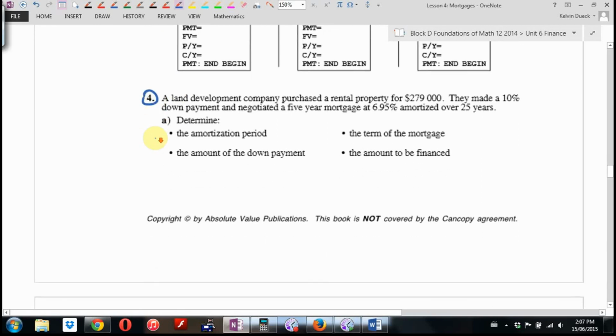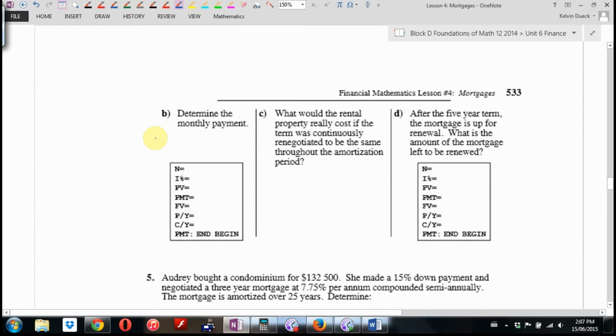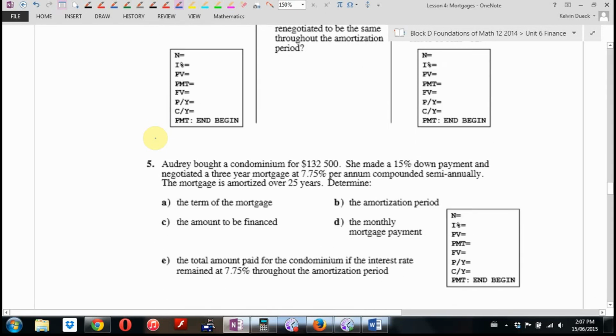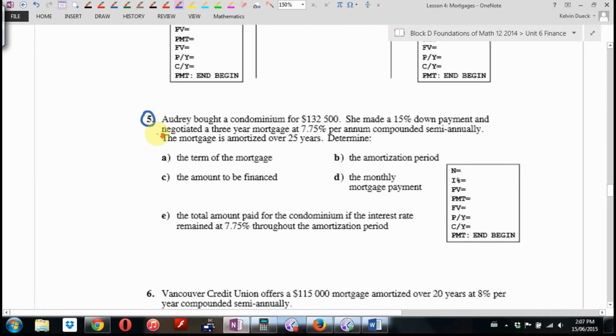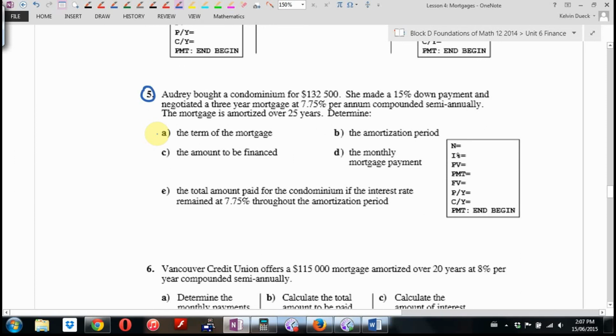Four is good. 4A certainly. 4B is good. 4C is good. Everything there is nice. Five works. Most of you, your first purchase will probably be a condo.